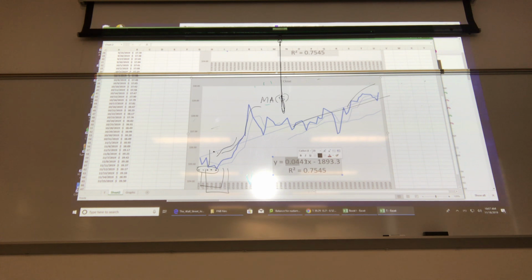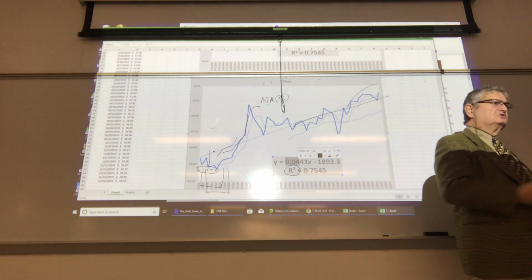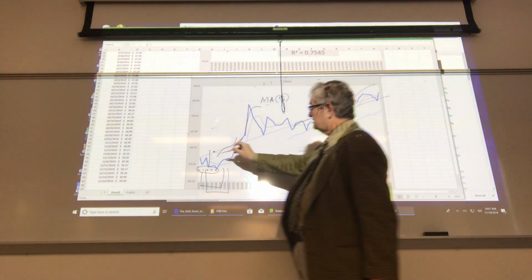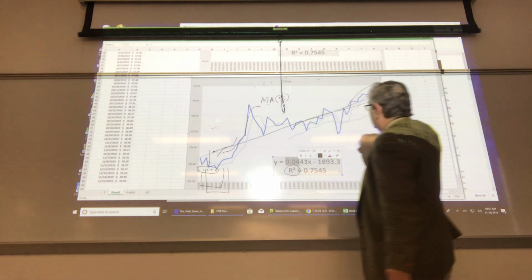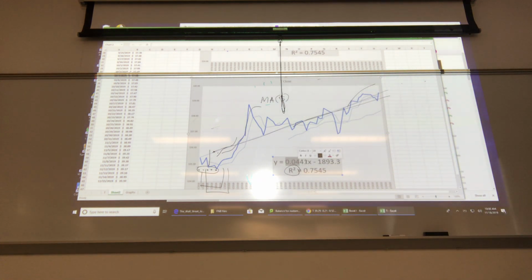Then I want to know what is the meaning of R squared. R squared is telling me that if I have a straight line, and things are above and below the line, how good the line is to give me information about my data.